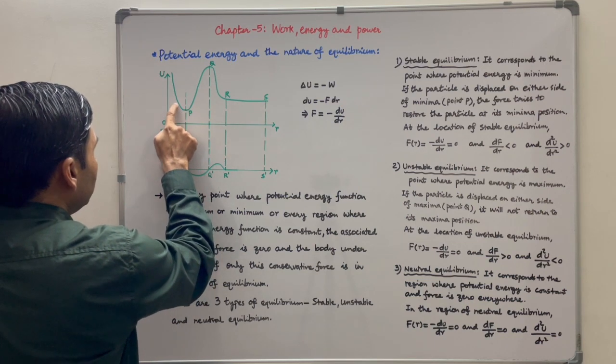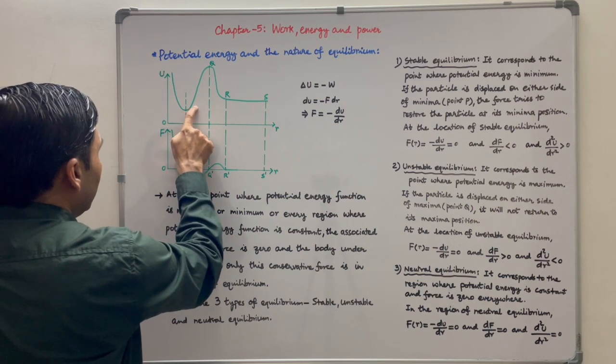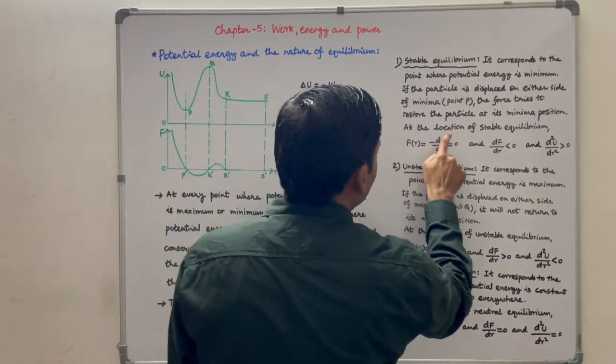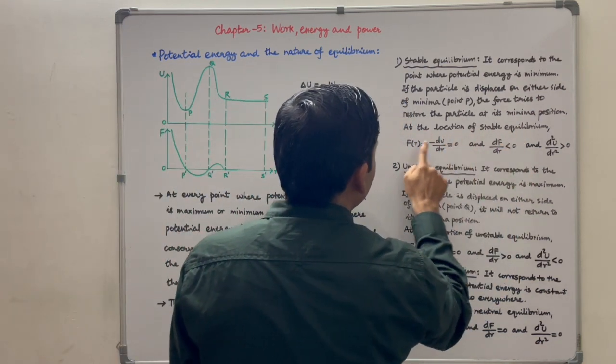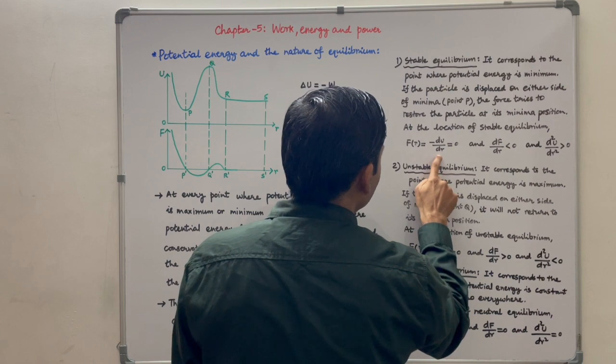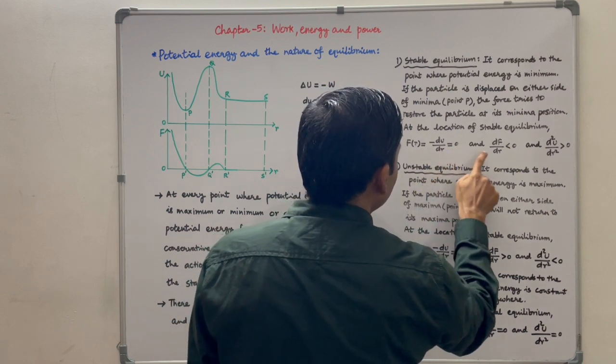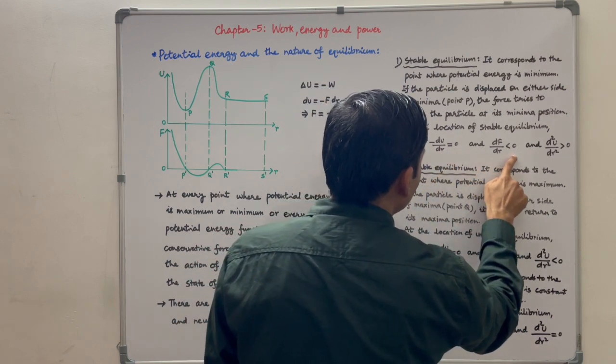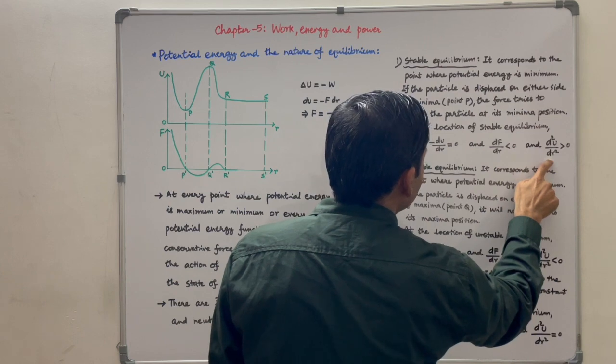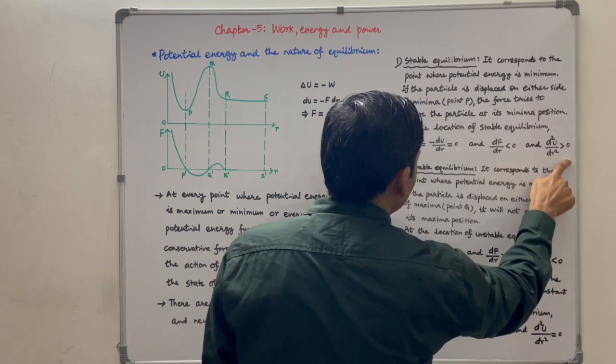This part of the curve is known as potential well. Also, at the location of stable equilibrium, F is equal to minus dU by dr is equal to 0, dF by dr is less than 0, and d square U upon dr square is greater than 0.